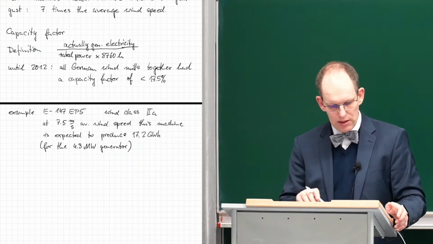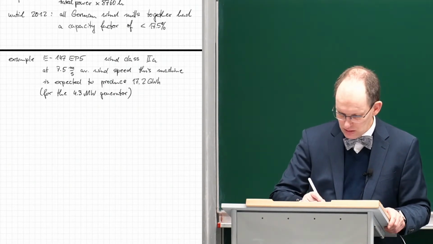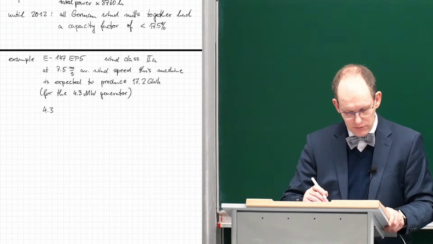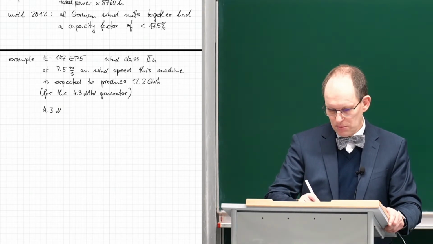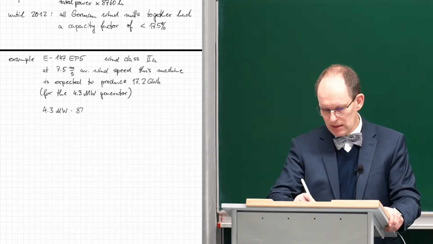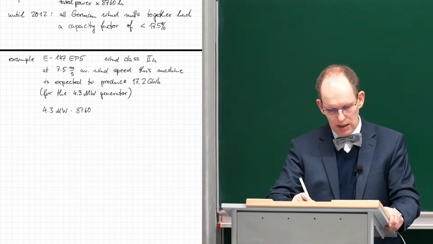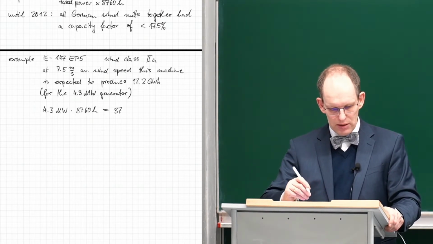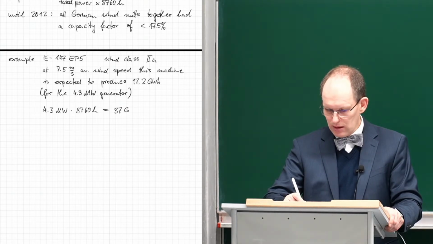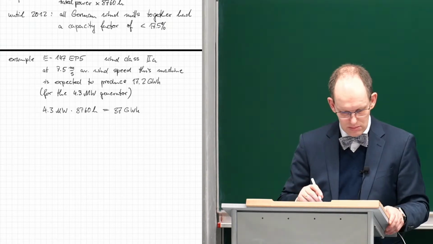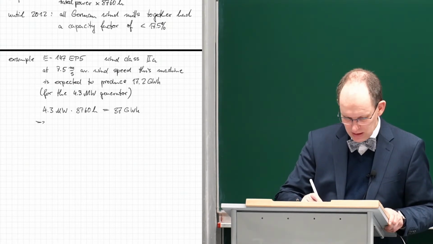And now we can do the calculation. So we would take the full capacity. That would be 4.3 megawatts times 8,760 hours. This gives approximately 37 gigawatt hours. And then the capacity factor.